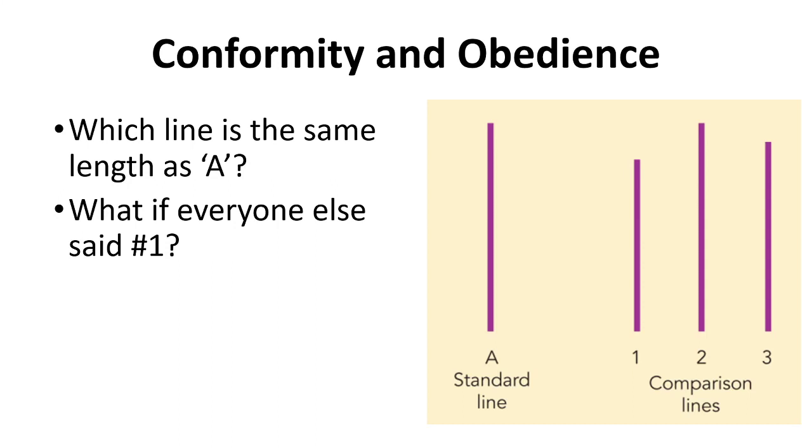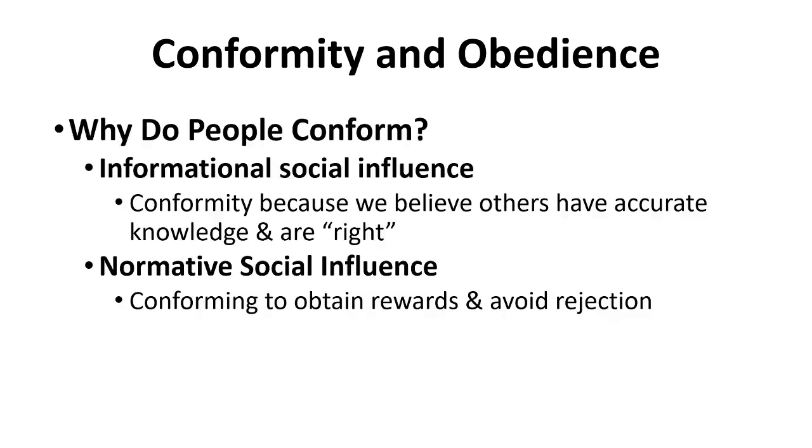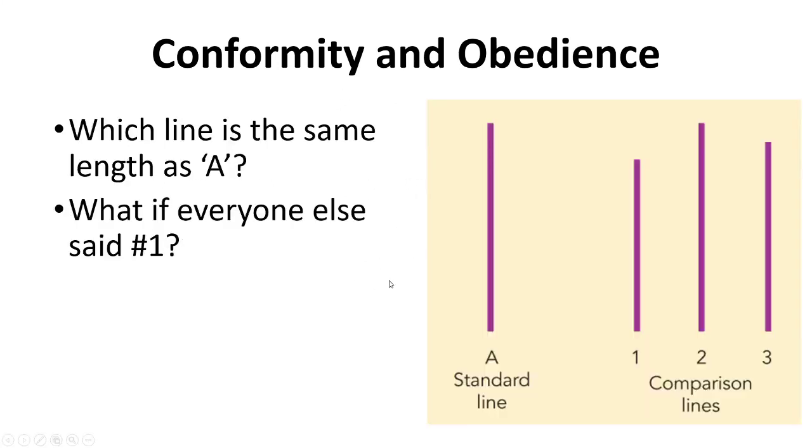But if every single person before you says that line 1 is the same length, maybe you start doubting yourself. Maybe you think that the rest of the group knows something that you don't know. Or maybe you don't want to say the wrong thing and go against the group. Those are some of our reasons for conforming from the previous slide. So maybe when it comes to be your turn, you're going to say that it's line 2, or maybe you're going to go with the group and say it's line 1.